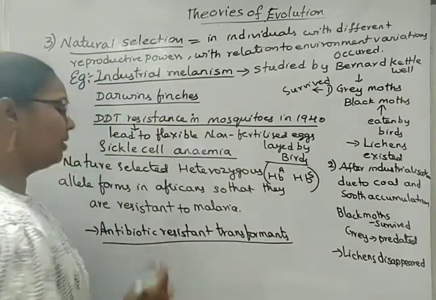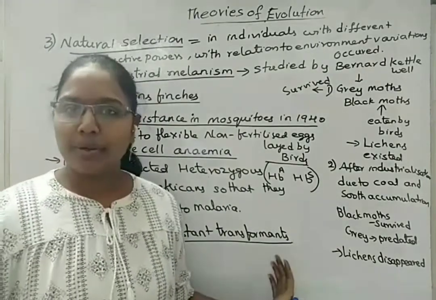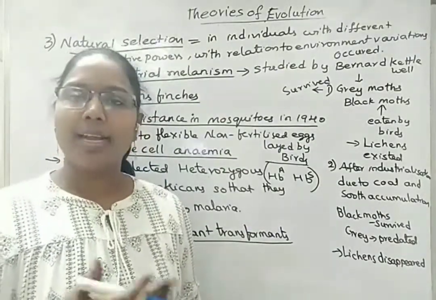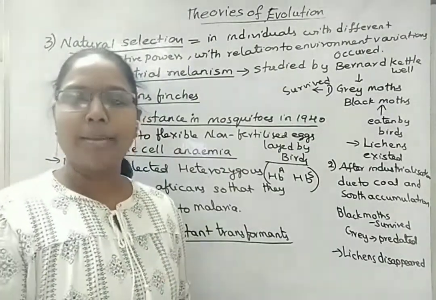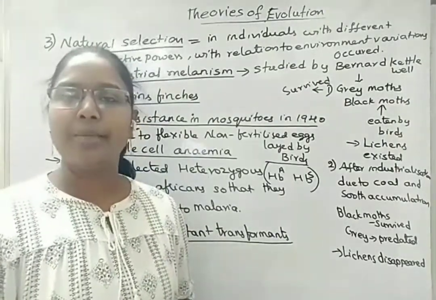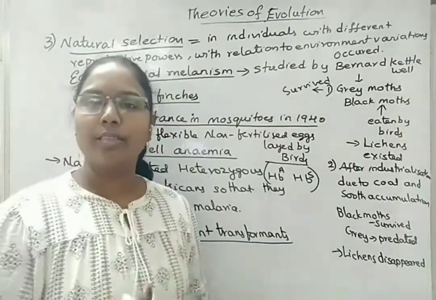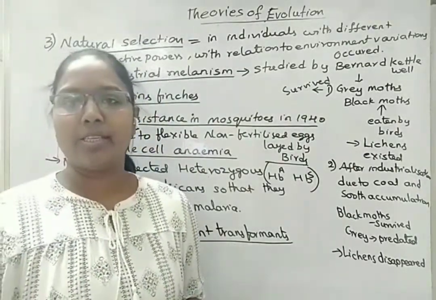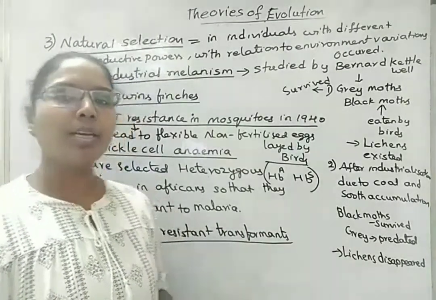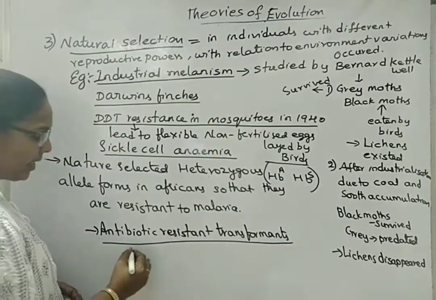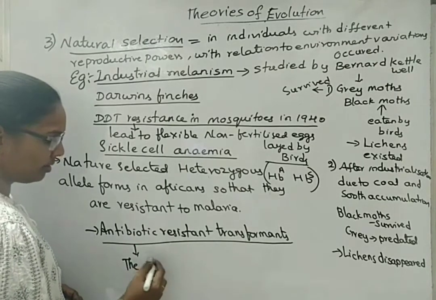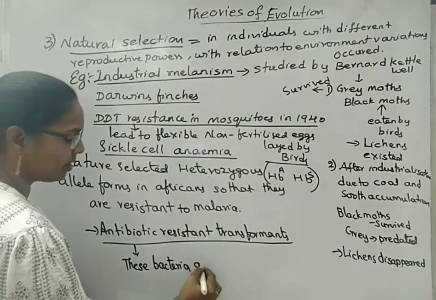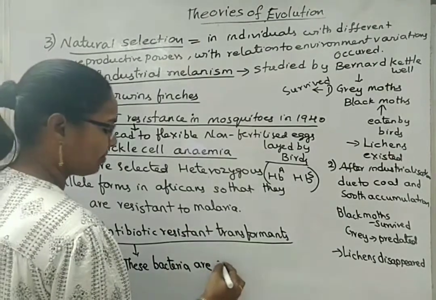So when some tests were conducted in the laboratory by incorporating the antibiotic resistant gene into the bacteria or E. coli and cultured in different mediums, then the desired gene got incorporated into the host cell and their next inheritable generation offspring showed resistance to the antibiotics. So we can write here, these bacteria are resistant to antibiotics.